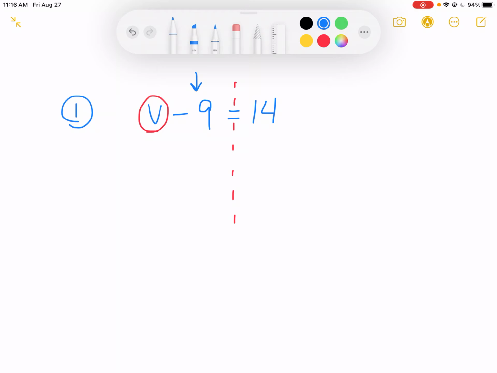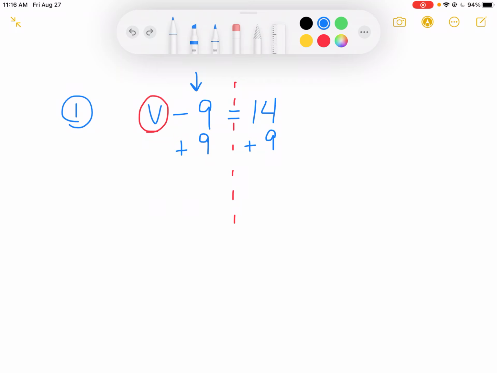Because it's minus 9, I want to try to combine it with its like term, which is the thing on the other side, the 14. In order to move it to the opposite side, I need to do the opposite of its sign. So if it's minus 9, I'm going to say plus 9. In order to keep the equation balanced, I need to do the same thing on the left side as I do on the right side.